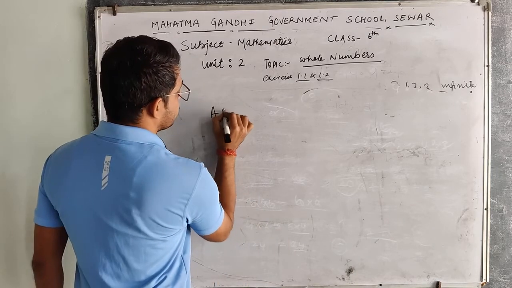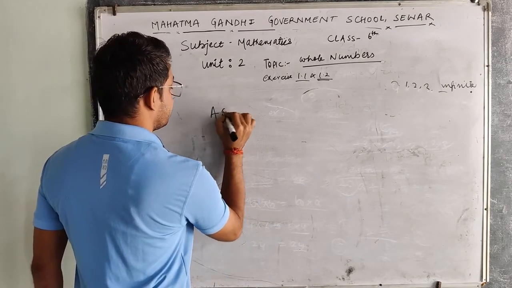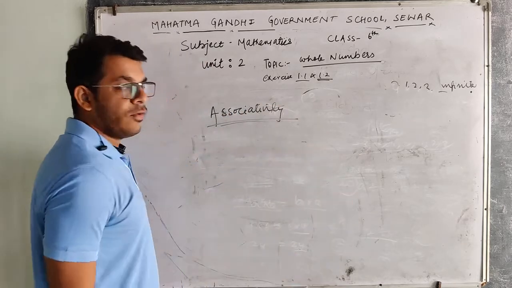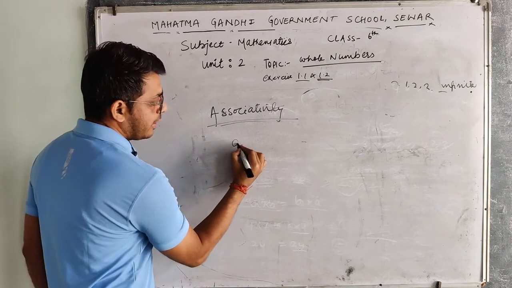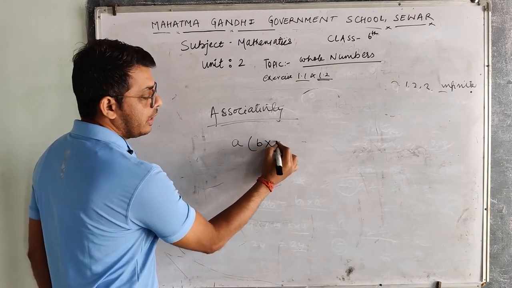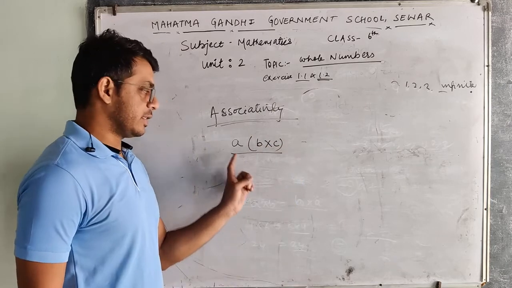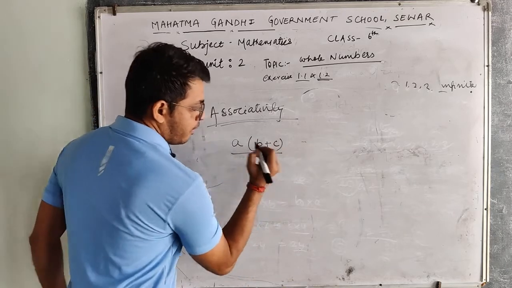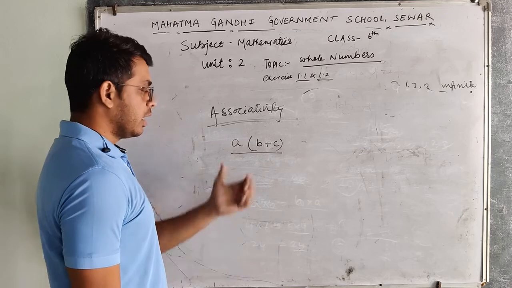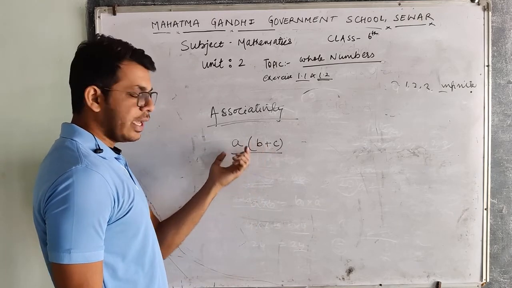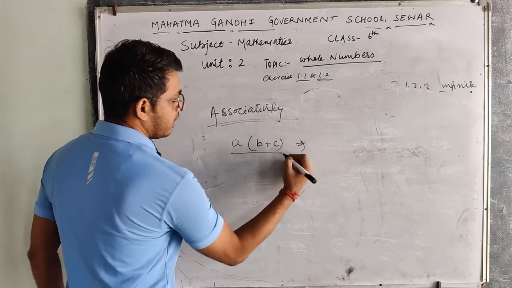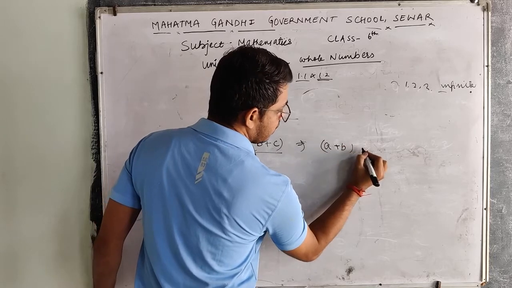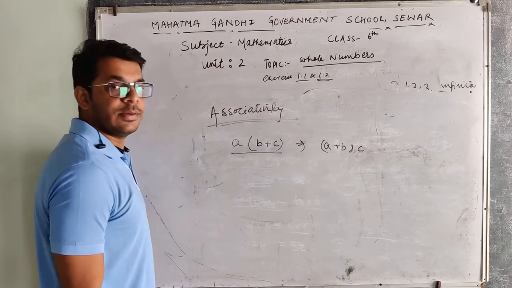Now we will talk about associativity. What does it mean? If I write A multiply by B into C, if I place a plus sign here in place of multiplication, if this sequence is changed, if I write this sequence in a different way, A into B, A plus B into C, is the result the same or not?